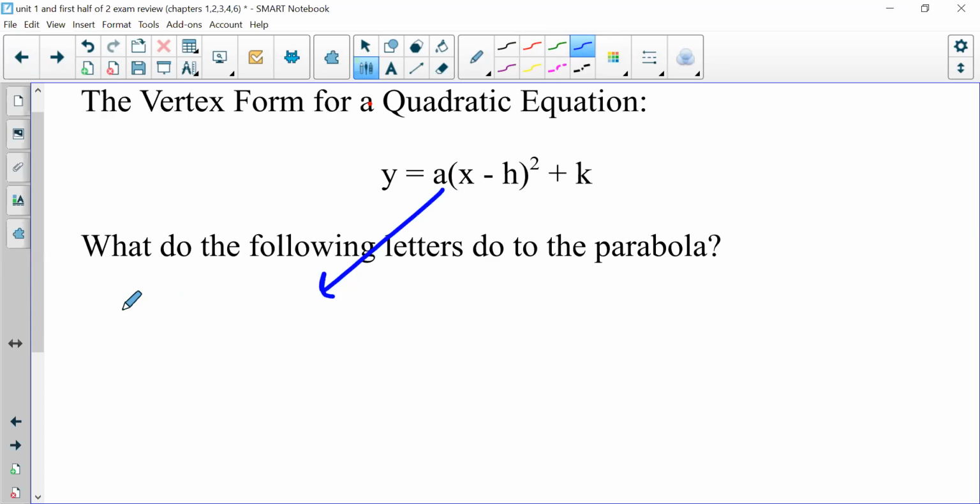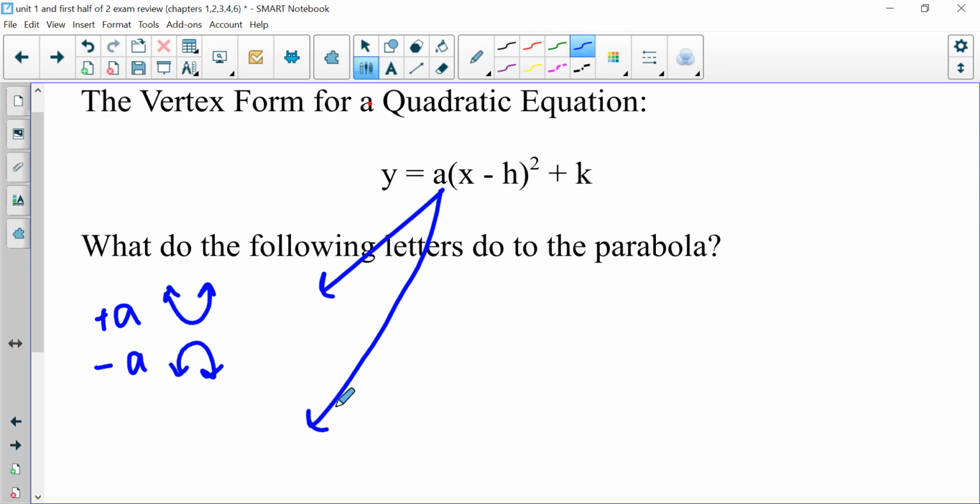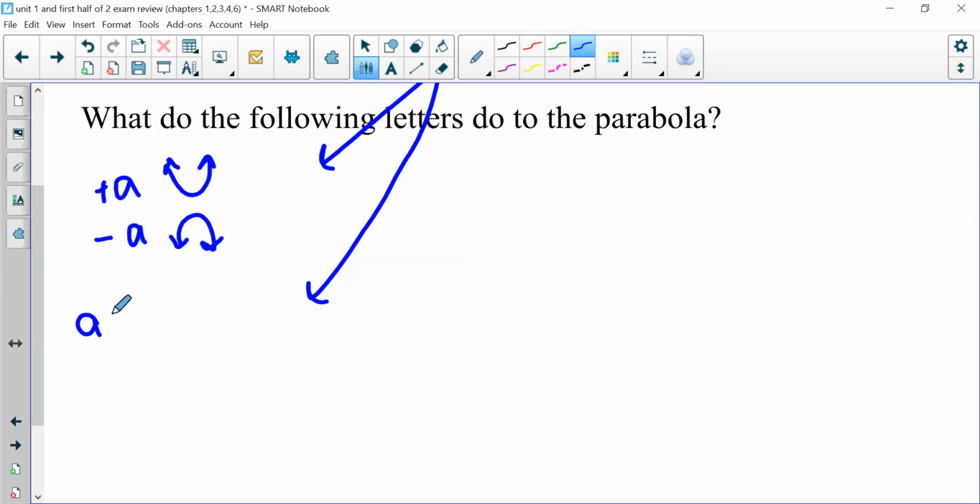Kira, how do I know if it's opening up? What will the A value look like? Positive. Okay, and then by default, negative A is down. And Logan, how do I know if it's stretched or compressed? If it's less than -1 or above it.